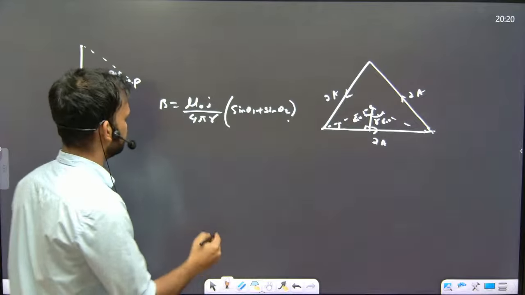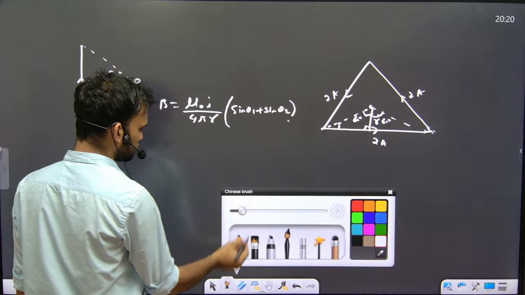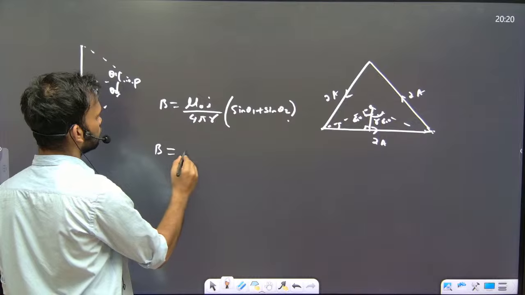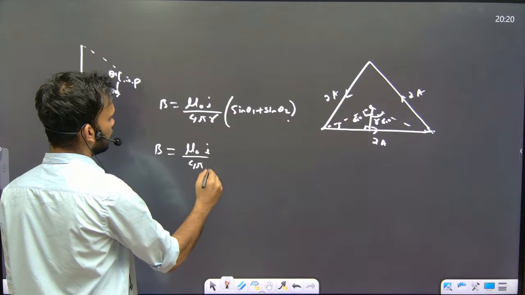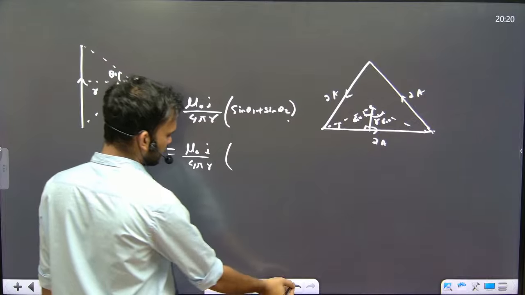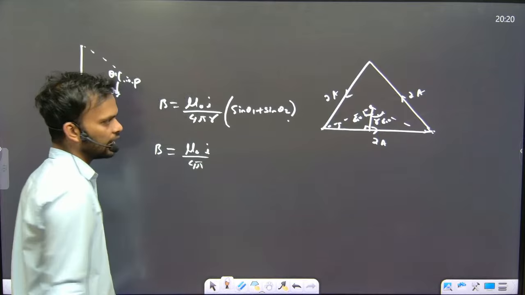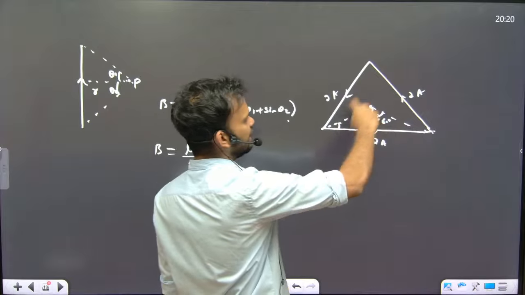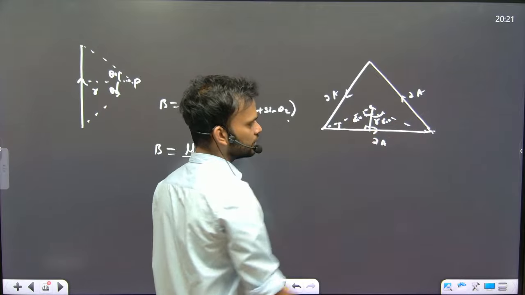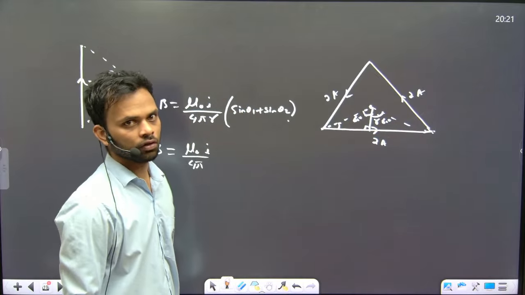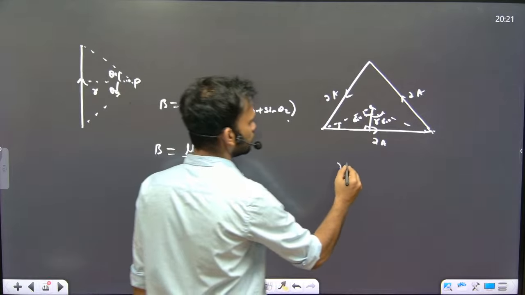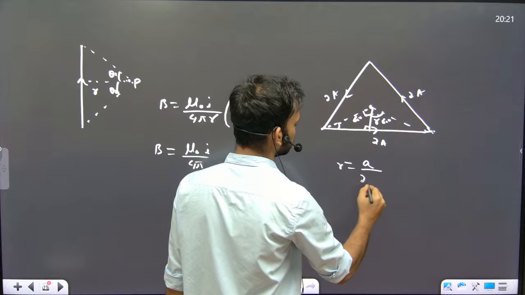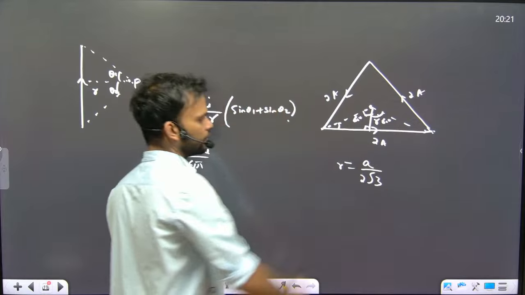Now apply the formula. So B is equal to mu naught I by 4 pi r into, by the way, what is r? We want to find r. R is the distance from the center to the side, which will be one third of root 3 by 2 a, which is nothing but r equal to a by 2 root 3.